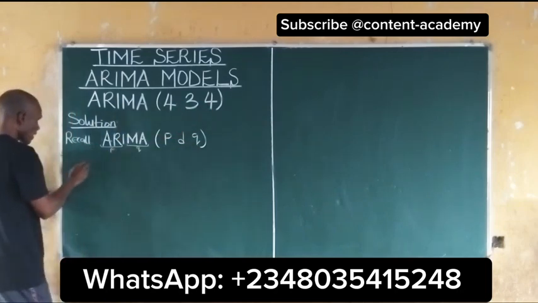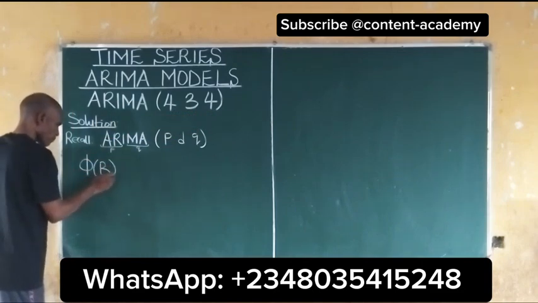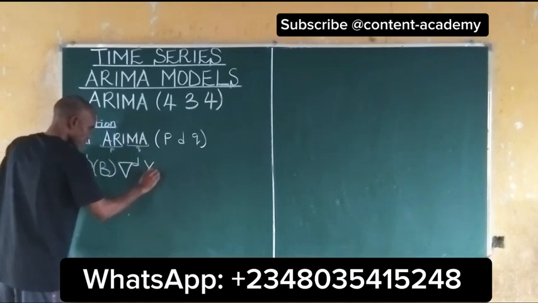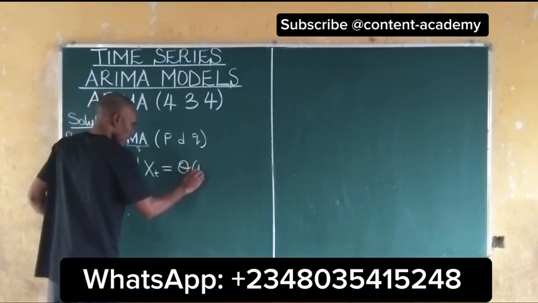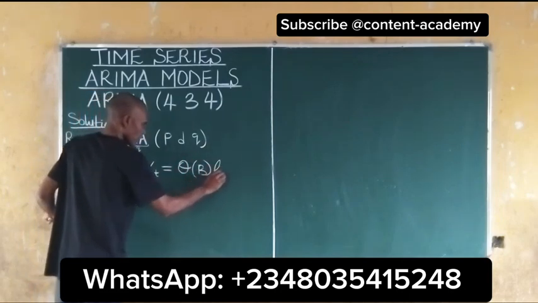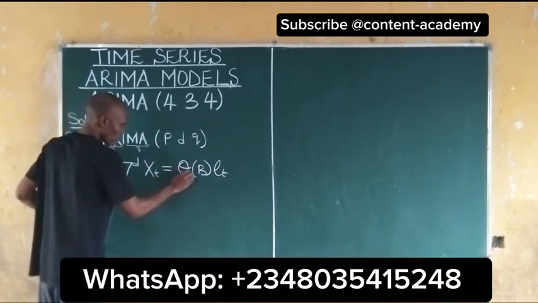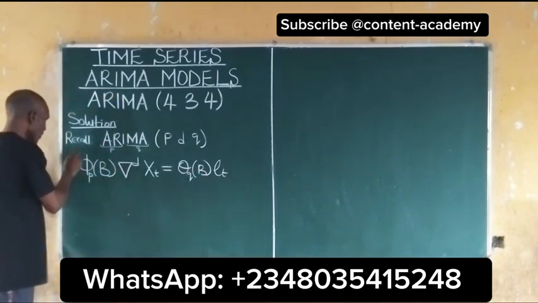Now, we have our ARIMA model as phi(B) multiplied by the difference in Xt to be equal to theta(B) et. Of course, this is of order p, while this is of order q. So this is our ARIMA model.